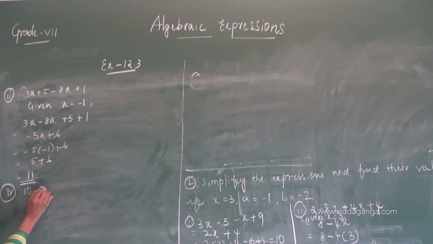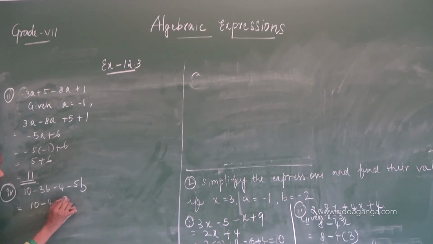10 minus 3b minus 4 minus 5b. Here children, 10 minus 4, minus 3b minus 5b. 10 minus 4, 6, minus 3b minus 5b, minus 8b.